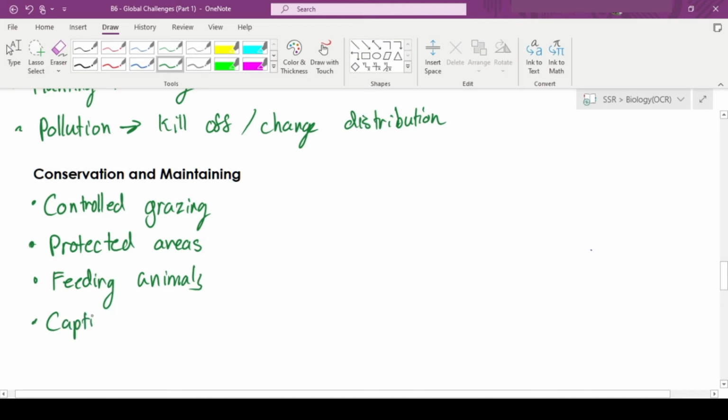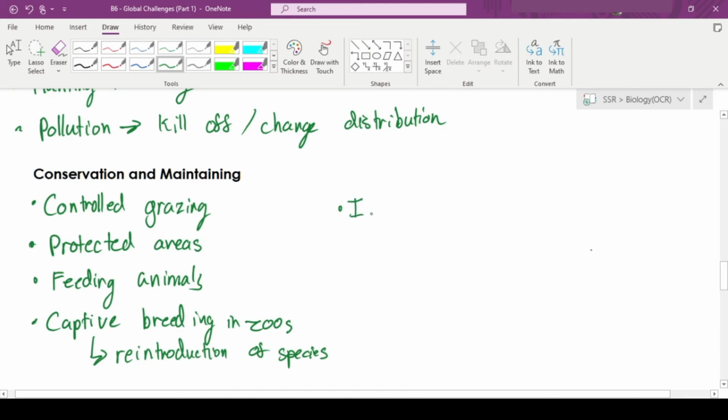We can also look at captive breeding programs, and these are usually done in zoos. So you'll have the individuals in the zoo breed, and then you can eventually reintroduce their offspring to the environment.